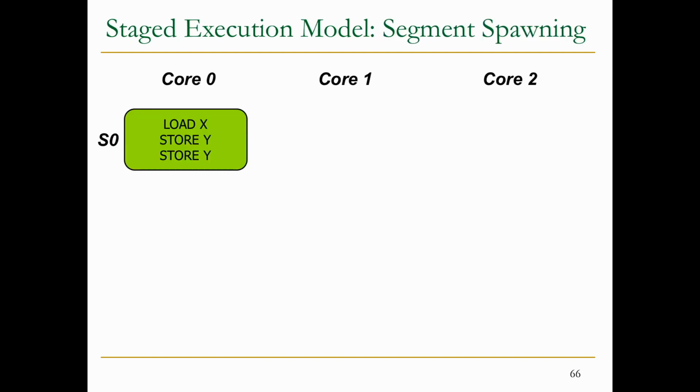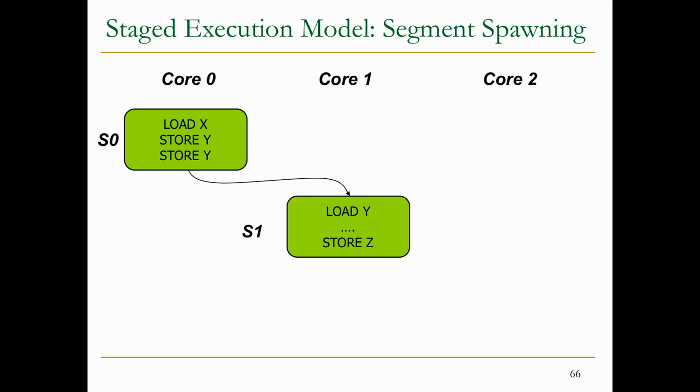Okay, so if you look at the stage execution model, you spawn some segments. You execute the segment on this core, and then you get to a place where you spawn another segment. A critical section call could be one spawn instruction. And then you execute that, and that could spawn another segment. So a pipeline parallel program looks kind of like this. You have these pipeline stages, A, B, C, executing on different cores.